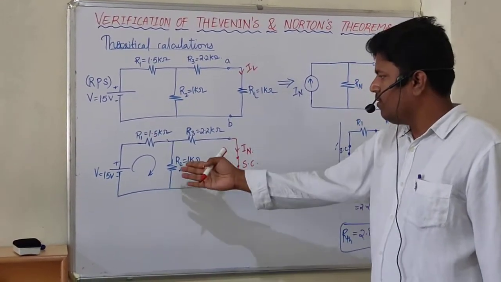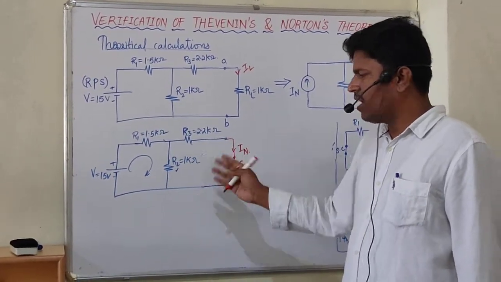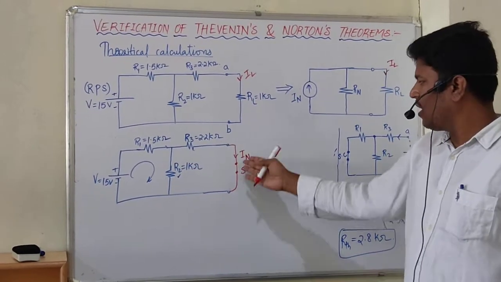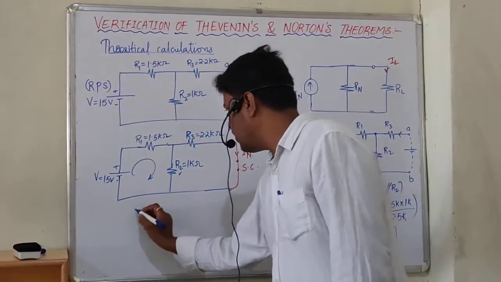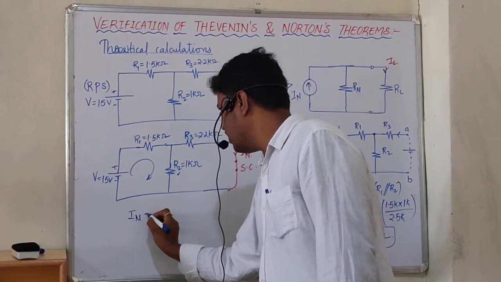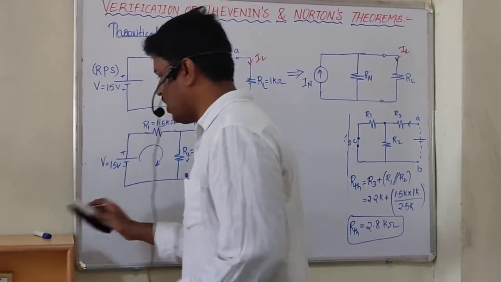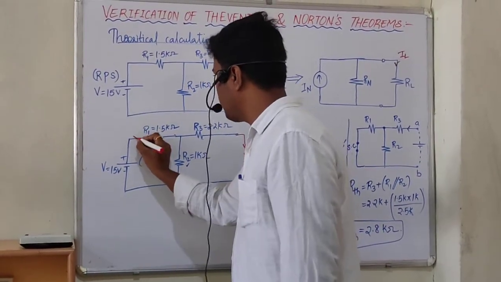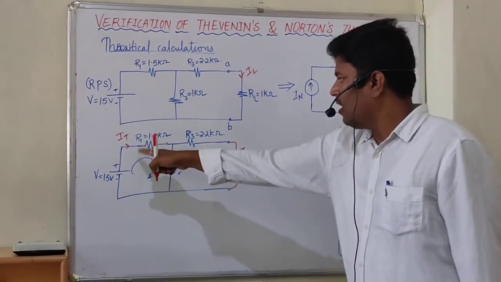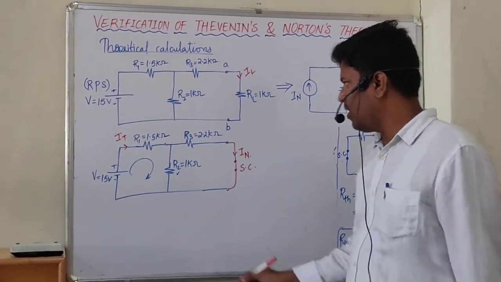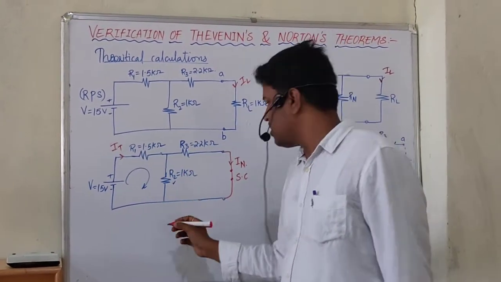Right? So if you see this circuit, we have series parallel circuit. So by applying current division rule, we can find out what is IN here. So IN is equal to, okay, first of all we need to find total current which is flowing at this entrance of this circuit, right? So to get total current, we need to have a total resistance here.